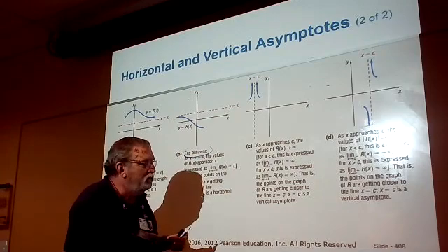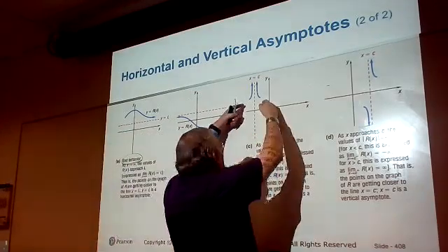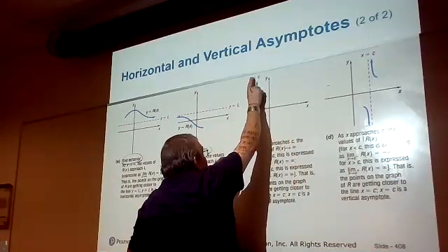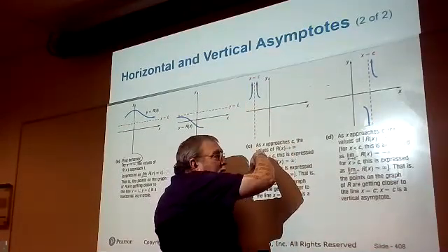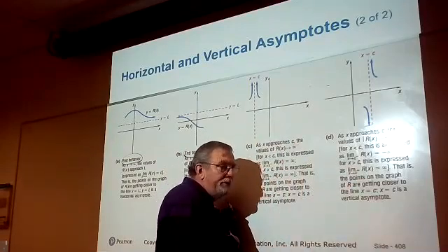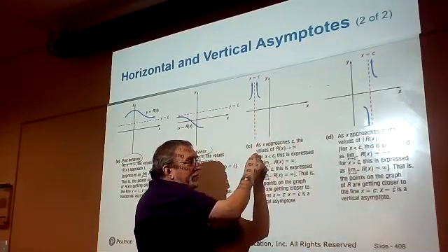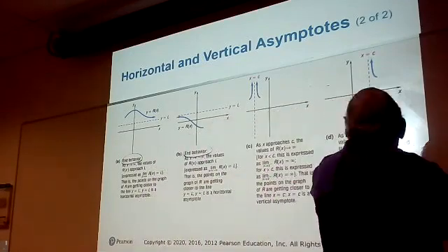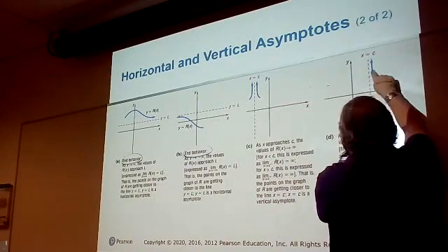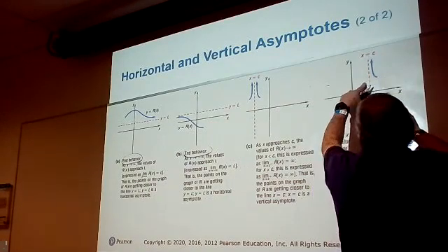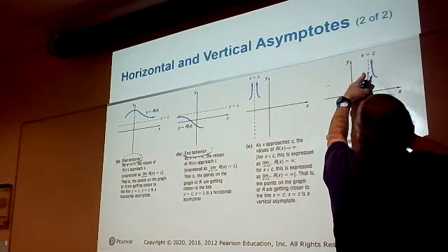And just like with the 1/x², as it approached the c value, both sides went up. Well, or both sides could go down. What if that was a negative 1/x²? Then it would have been going down. But then sometimes you have it like this, where one side is going down and the other side is going up. Or it could have been going up on this side and down on this side.